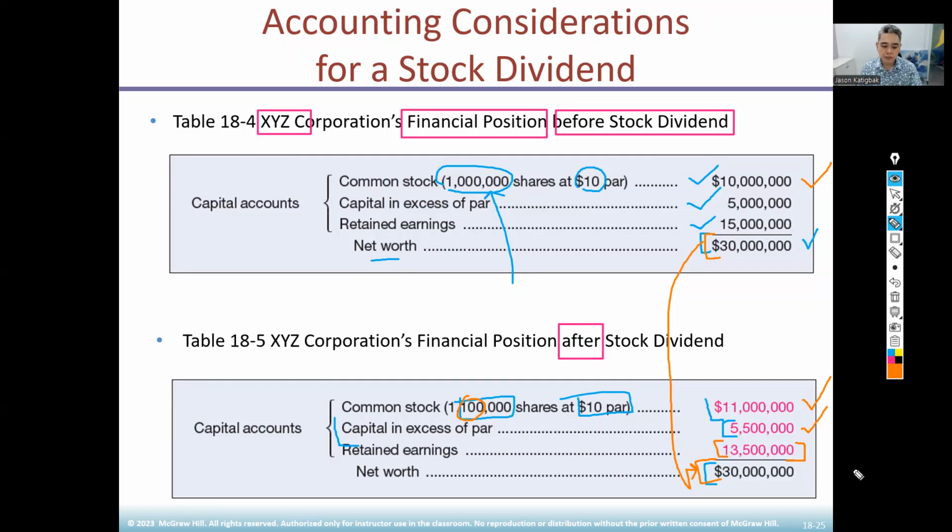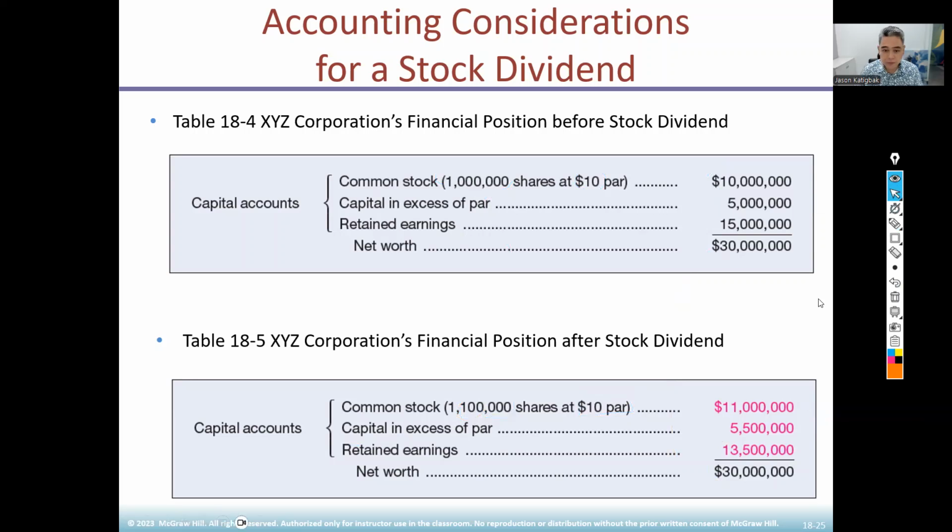So a stock dividend does not change the total amount of the equity, but it changes certain compositions because of the change in the number of shares. And then anything is adjusted against retained earnings. So that's one thing that we need to be aware of.